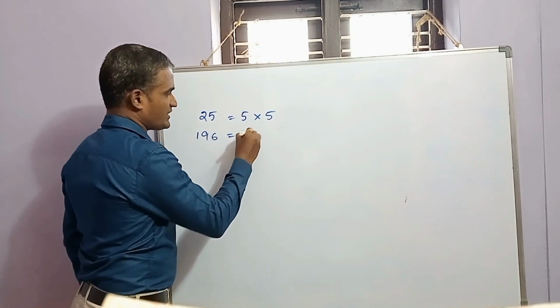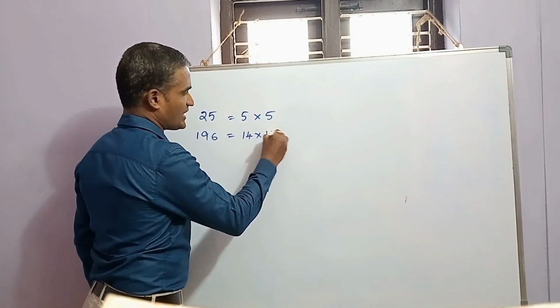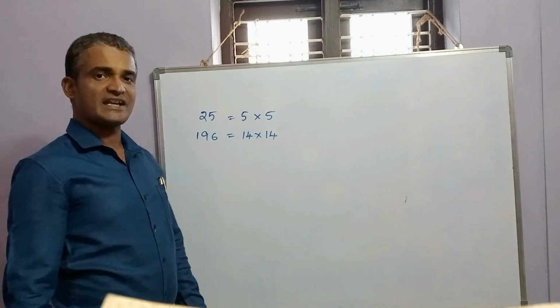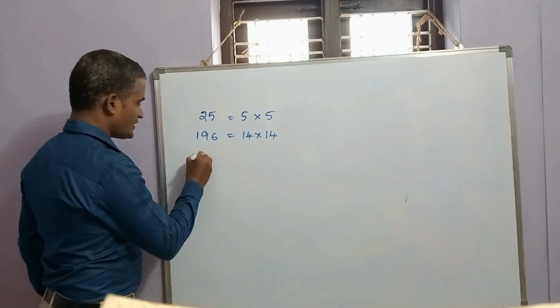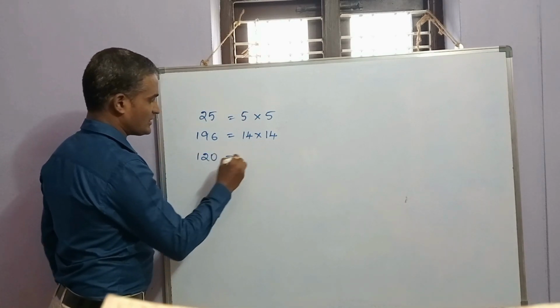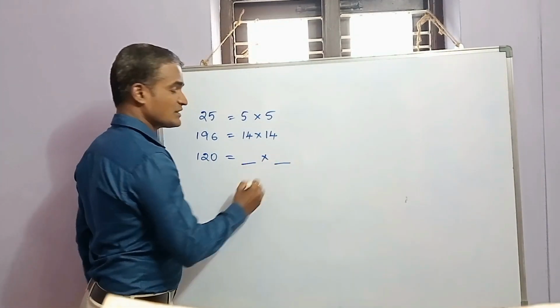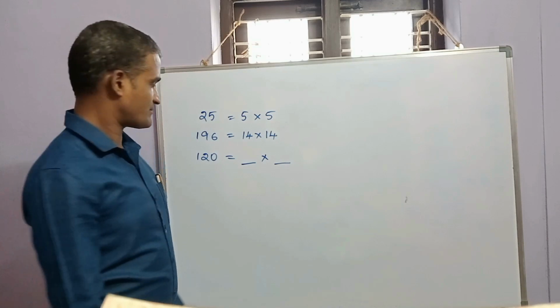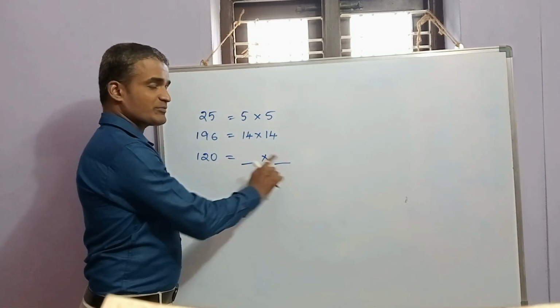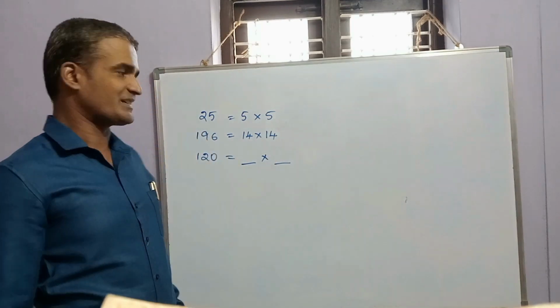196 can be written as 14 into 14, a product of two same numbers. But you see 120. 120 can be written as a product of two numbers, but not the same numbers. 120 cannot be written as a product of two same numbers exactly.